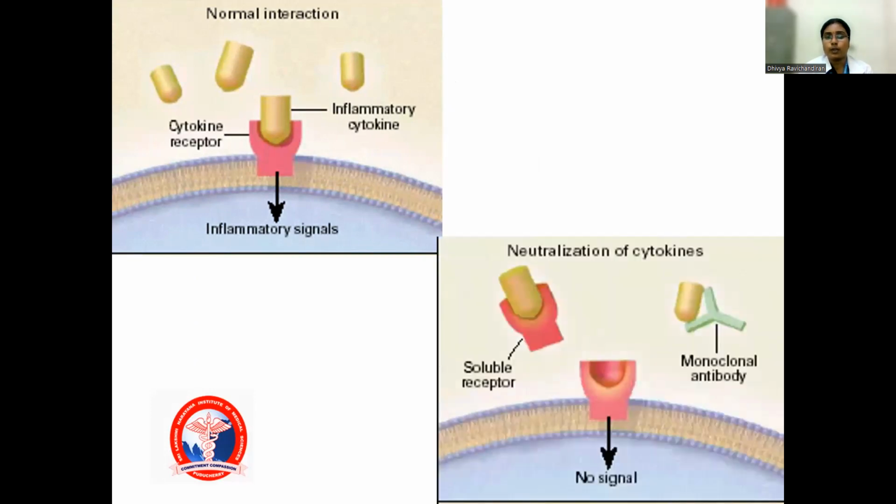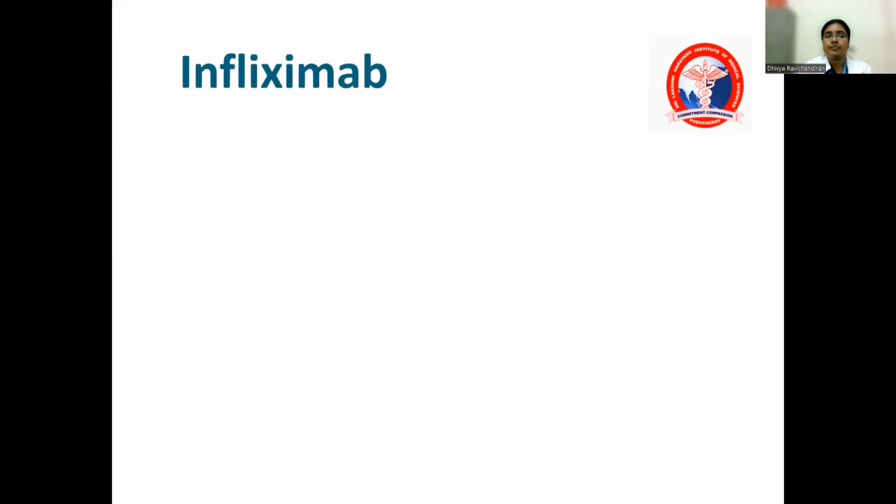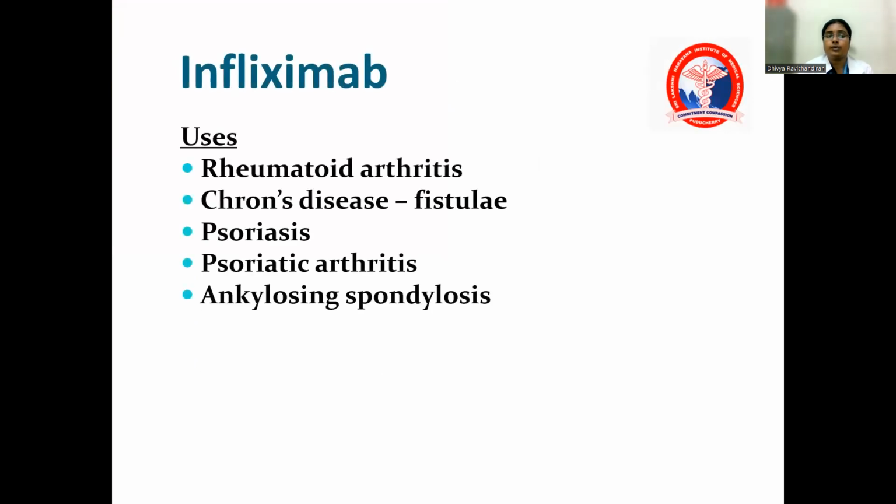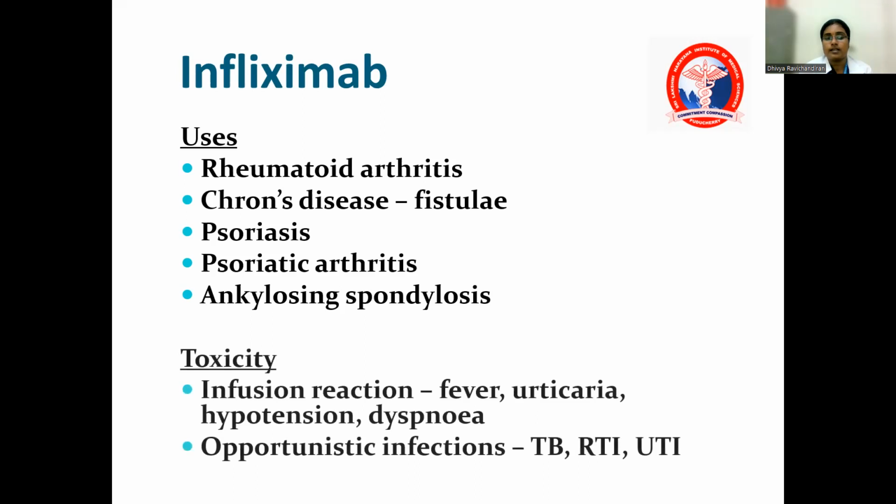Here, the antibody goes and neutralizes the cytokines and no signal is produced, so no inflammatory signals are passed, and there is no inflammation. Infliximab is mainly used for arthritis, Crohn's disease with fistula, psoriasis, psoriatic arthritis, and ankylosing spondylitis. Toxicity can lead to infusion reactions like fever, urticaria, hypotension, and dyspnea. Opportunistic infections like TB, respiratory tract infection, and urinary tract infection are very common when infliximab is given for a long duration.